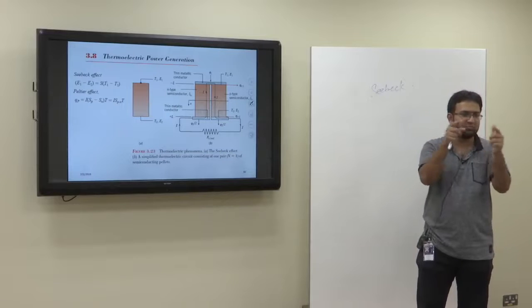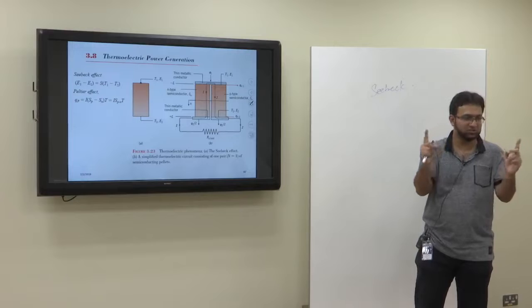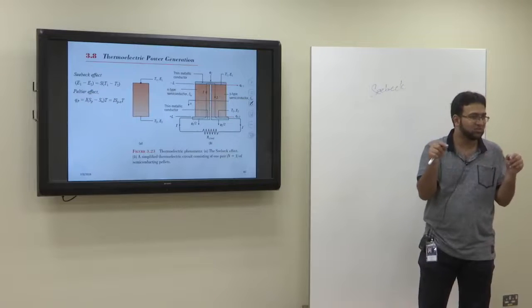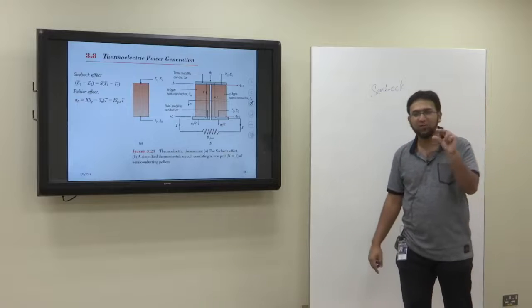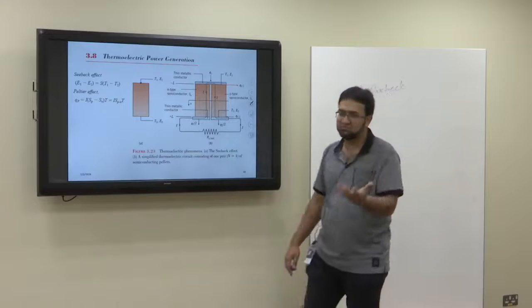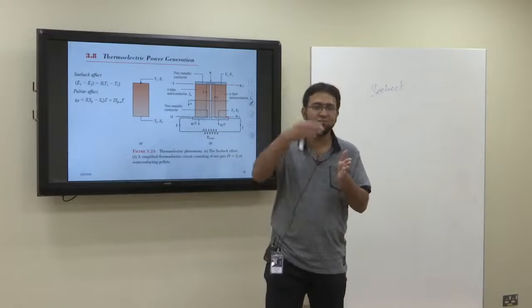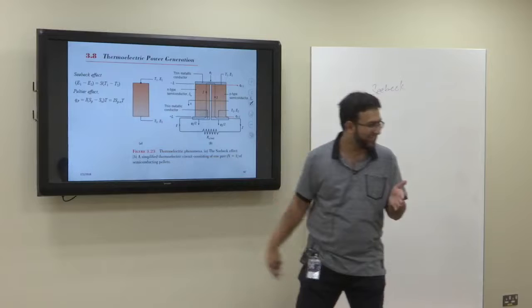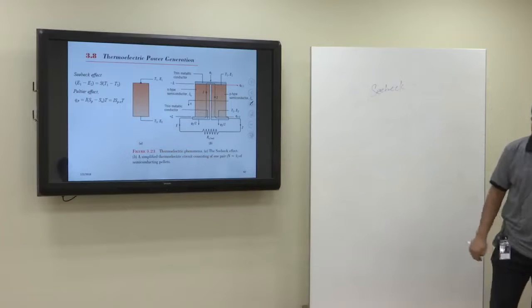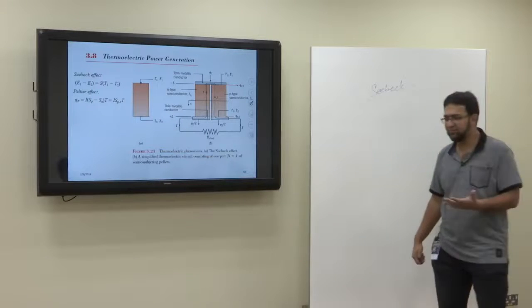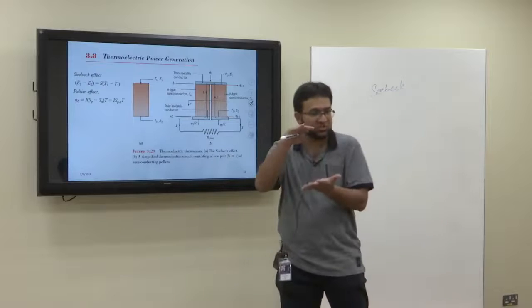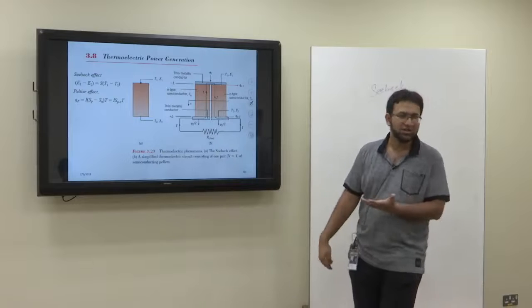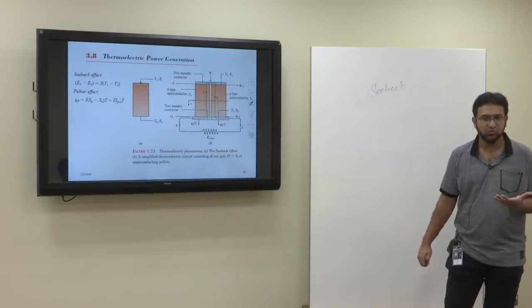So one module has maybe 100 p-n junctions, okay, or 70 p-n junctions, all connected in series. But even the current from one module is sometimes not enough. So we connect then several modules in series. Okay? So actually, come to think of it, we are producing so much temperature difference, huge temperature difference, and we are generating very little amount of current. So it's not really that much useful.